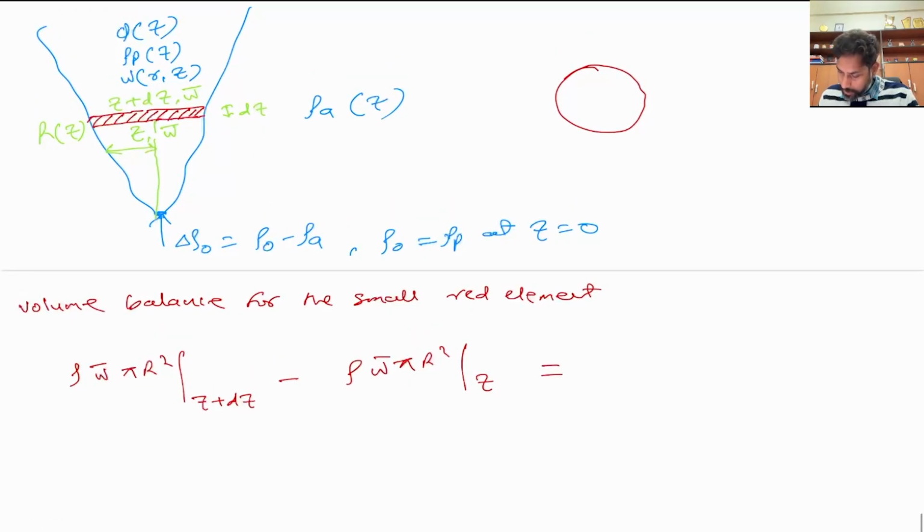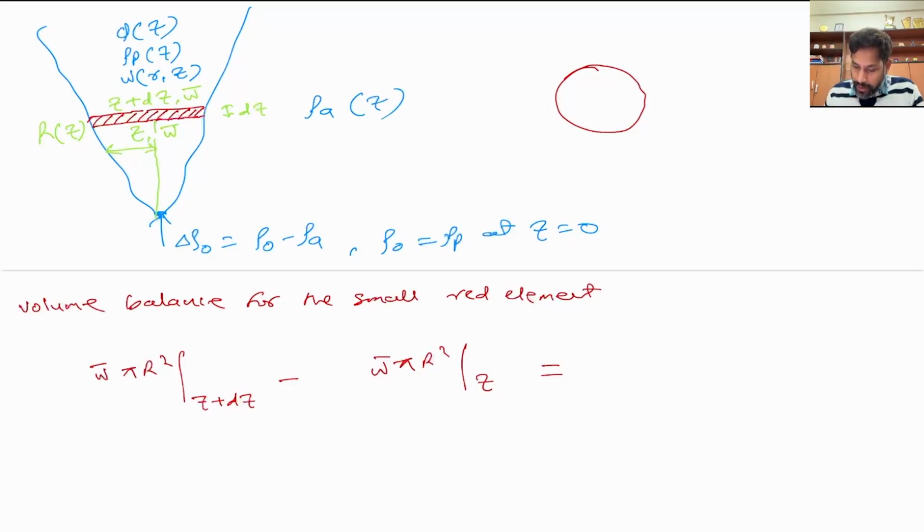All right, and we are doing the volume balance, not the mass balance, and that is why we don't really need the density term here, so I'll simply get rid of it. Whether we consider density or not, it will eventually cancel with the right hand side term, so it does not really make much difference.